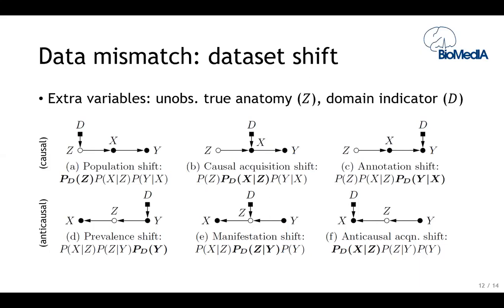If we imagine this unobserved true anatomy Z, which is what we're actually trying to look at, we can think of X as a noisy measurement of this Z. And we also consider this additional domain indicator. Depending on whether the domain influences each of those conditional distributions, we can identify these different cases and think about potential solutions to each of them individually.